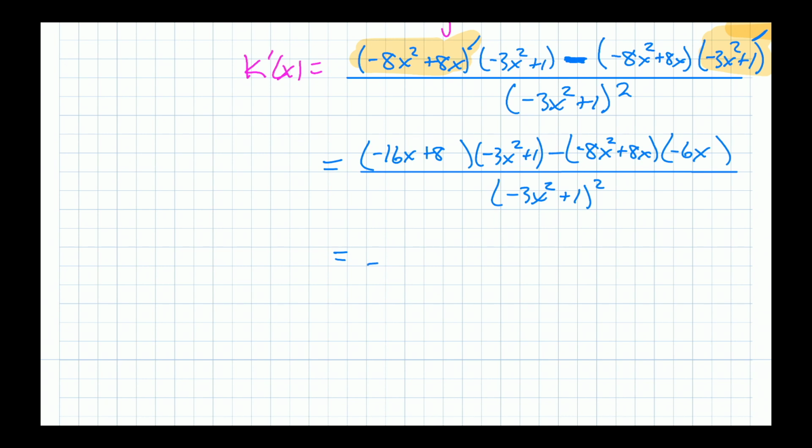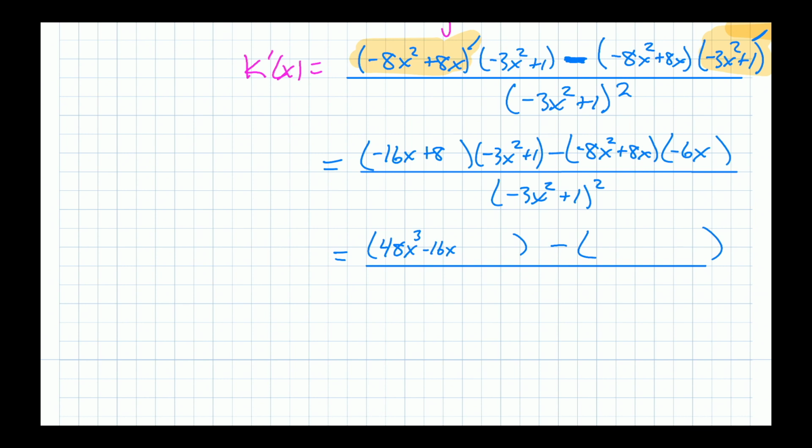All right. So then, what would you do? Well, if you were going to write this out, you should work out the numerator, which means FOIL and then FOIL. So if I FOIL the numerator, I'm going to get 48x cubed from the first two multiplied. The outer is going to be negative 16x.